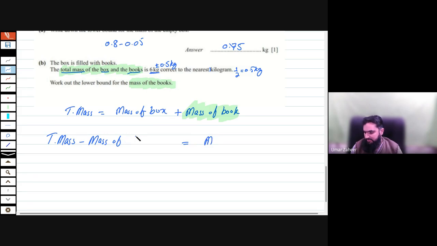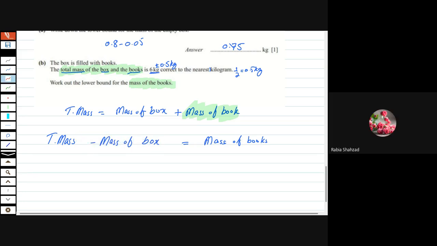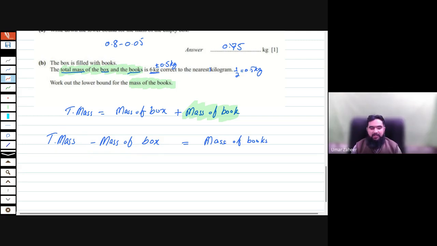Is it clear to everybody? Obviously, these things don't have a specific formula. It's general, simple math. You have the mass of two things, you have to find a third one, and the total mass is given, and that's it.